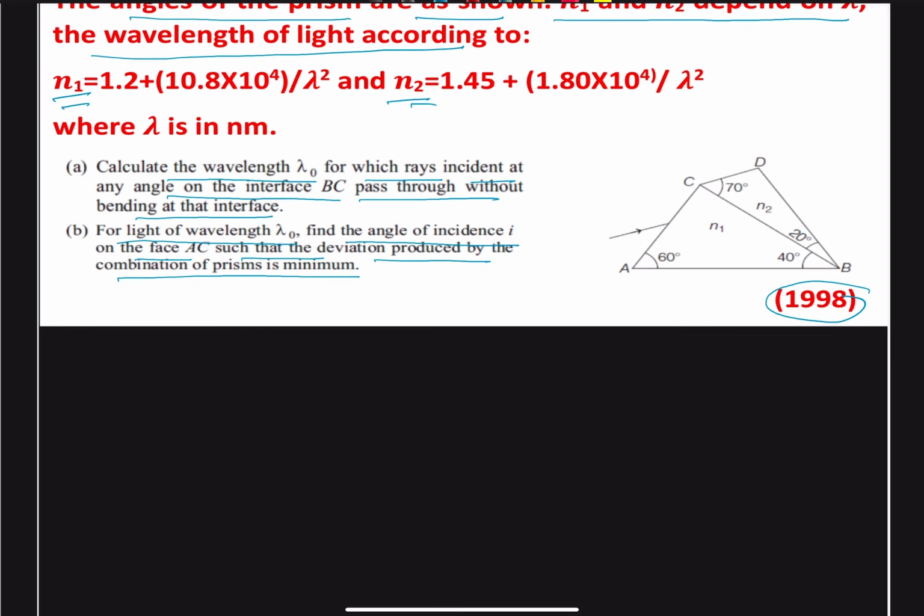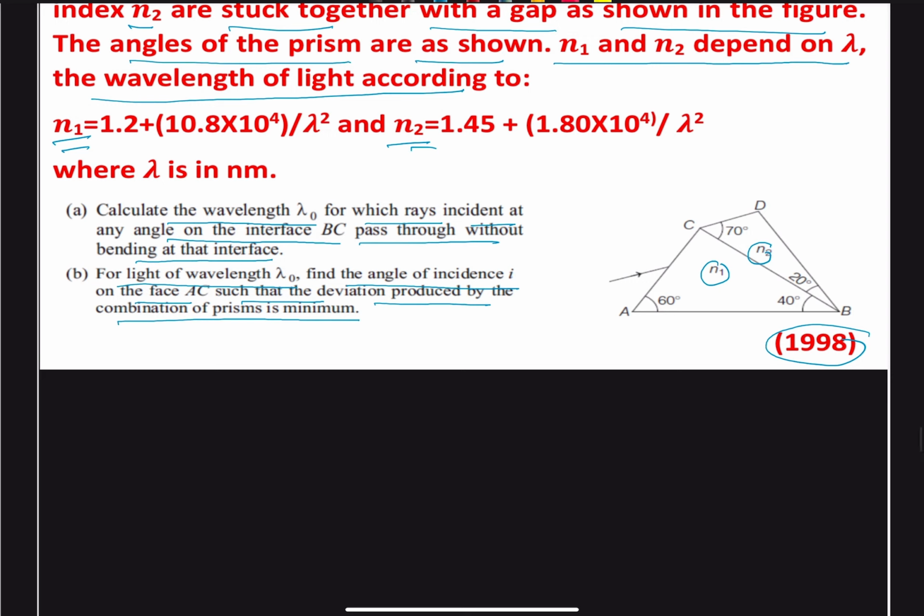So we have two prisms, with refractive indices n1 and n2, and there are various angles associated: 60, 40, 20 and 70. The incident ray is first incident at AC, and we have to find out the first part with respect to the interface BC.